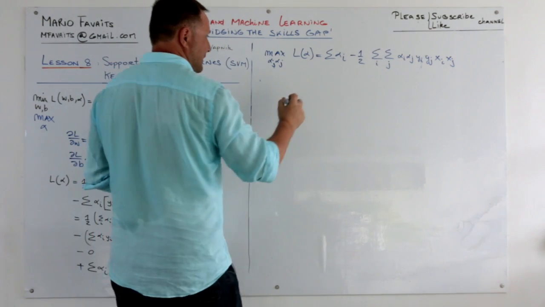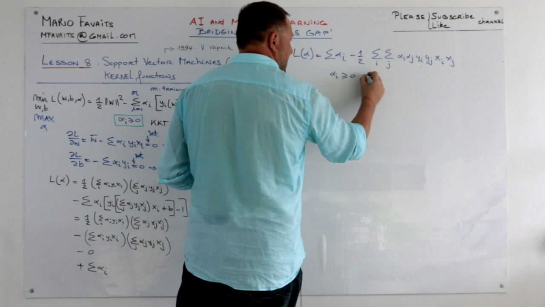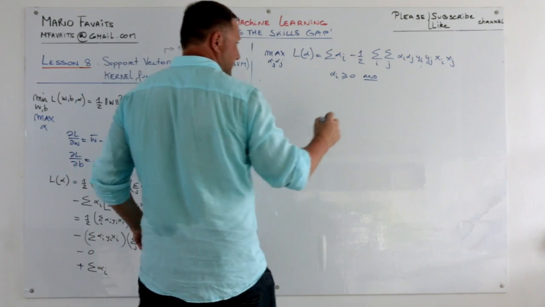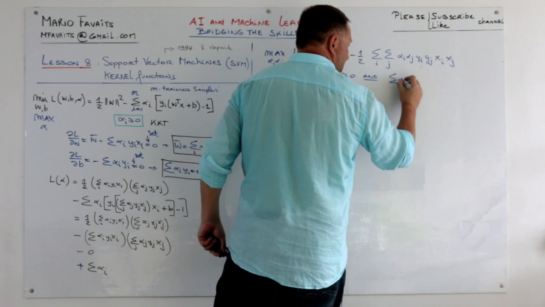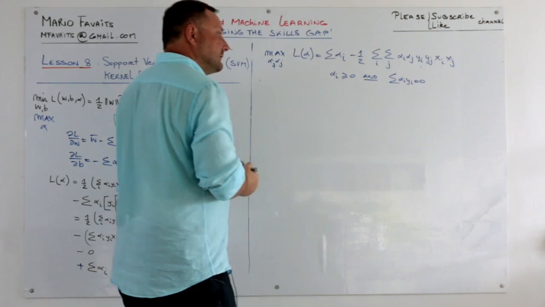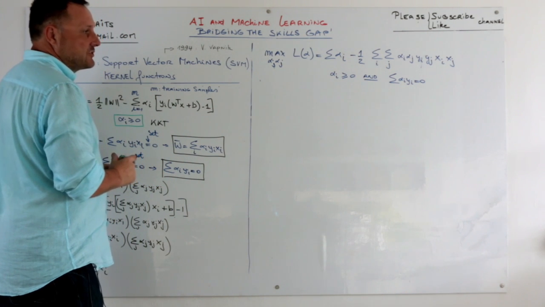And we know that alpha i needs to be positive, and the sum over alpha i, yi is 0. Now, this is what we just derived.